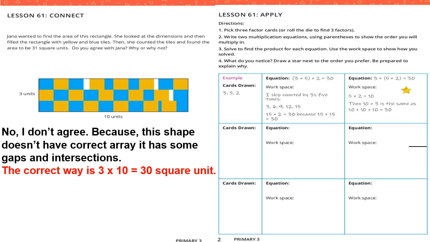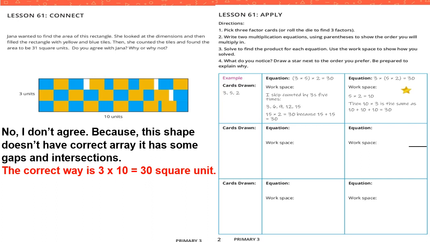So length times width equals 3 times 10, or 10 times 3, equals 30 square units. And don't forget, in the area we should write the unit as square units, or square centimeters, or square meters. Don't forget, this is in the area only.